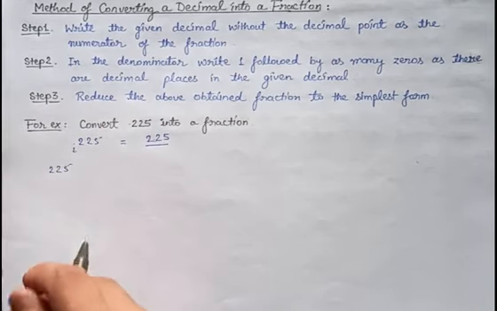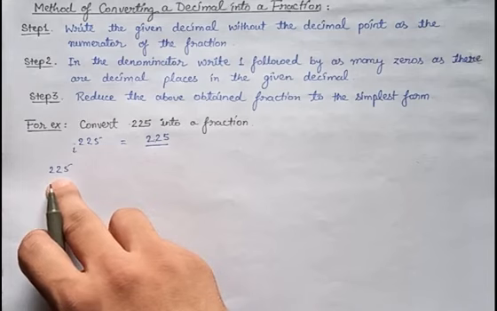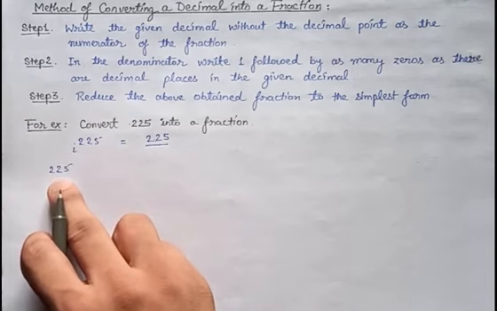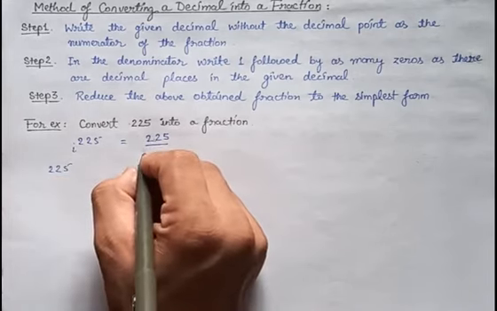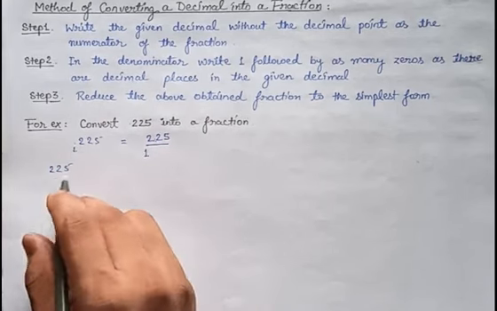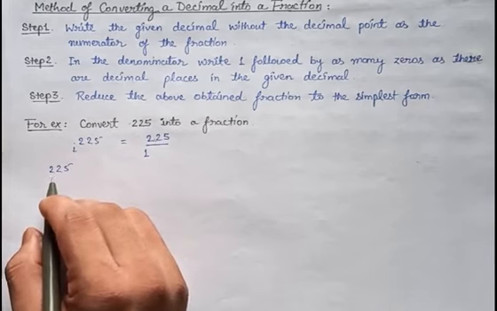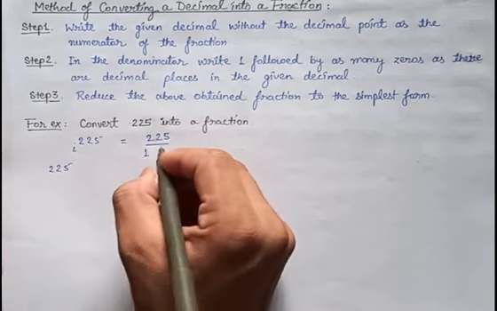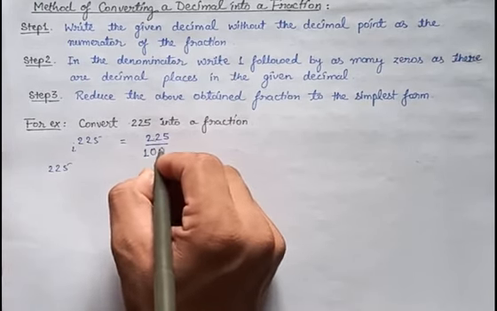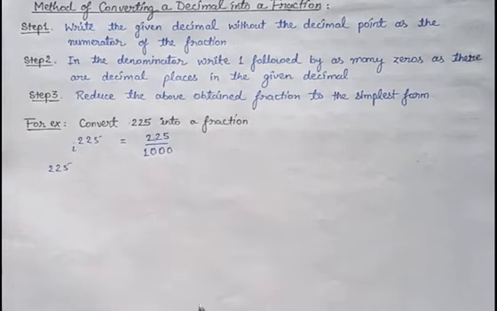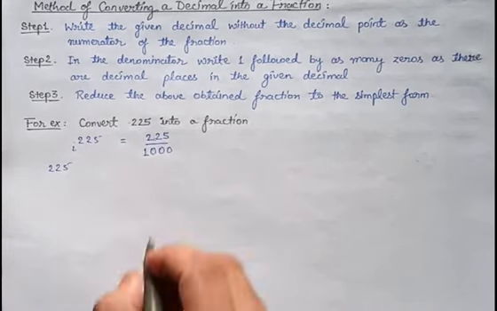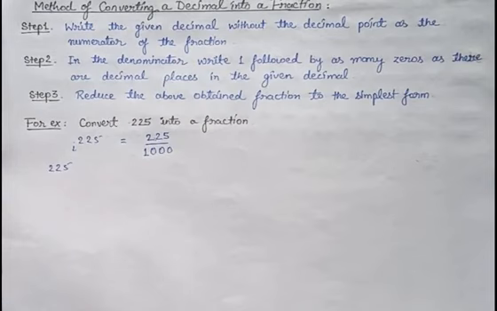It means the given decimal has 3 decimal places. So in the denominator we write 1 and we put that number of zeros as there are decimal places. As there are 3 decimal places, we write here 3 zeros. Okay. So we have the obtained fraction 225 divided by 1000.